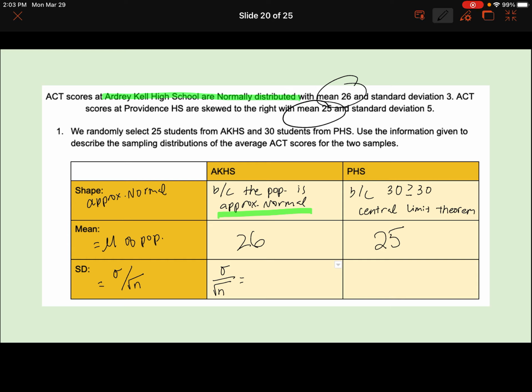So for AKHS, the standard deviation is 3, and the sample size is 25. So 3 divided by root 25 gives us 0.6. And then for PHS, same thing. The standard deviation here is 5. My sample size was 30, so it's 5 divided by square root 30, which gives us 0.91.